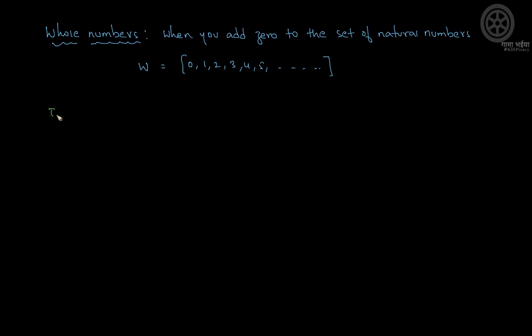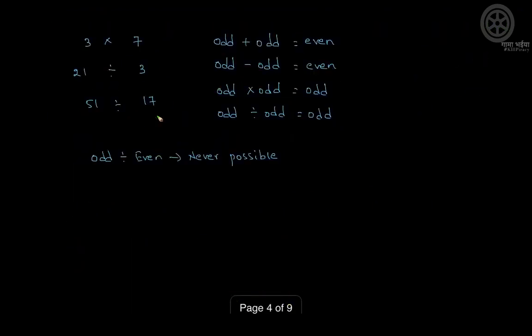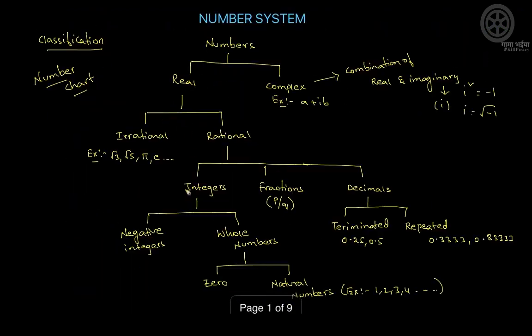Next, integers. What are integers? If you remember the initial chart, how do you get the integers? Negative integers and whole numbers.